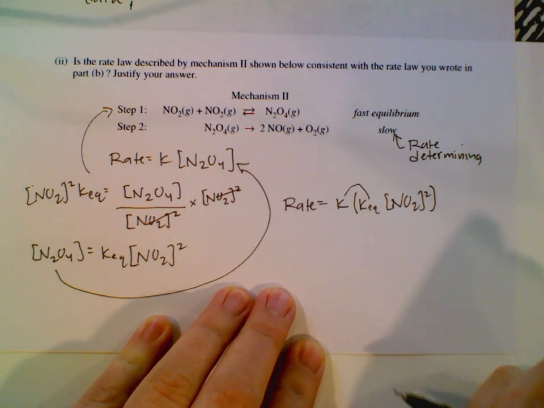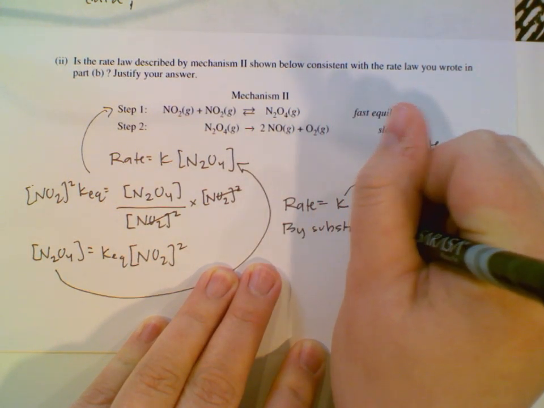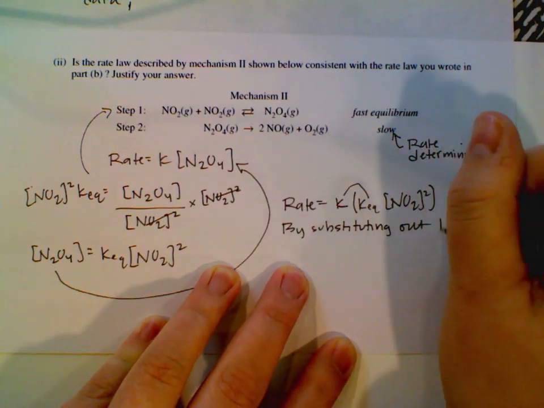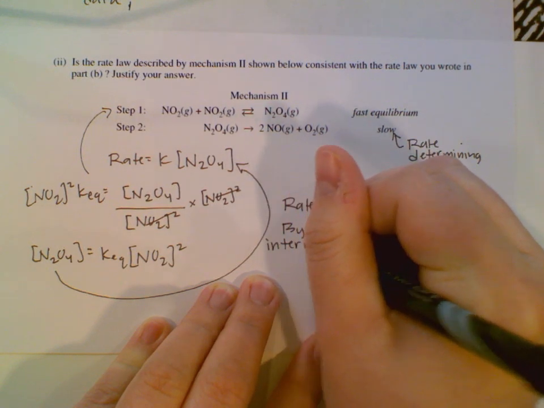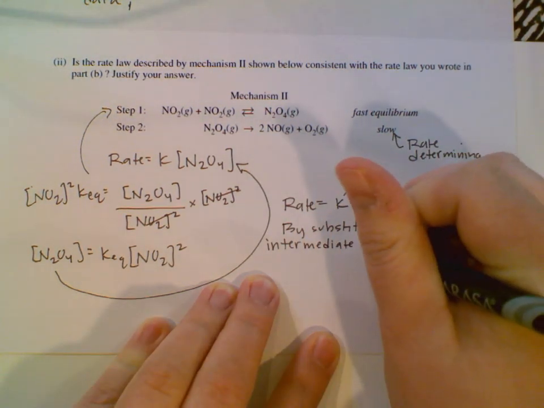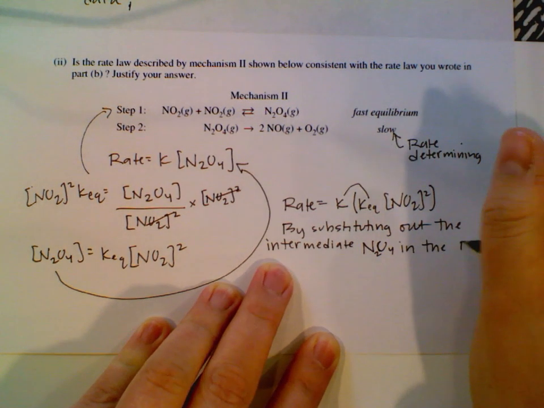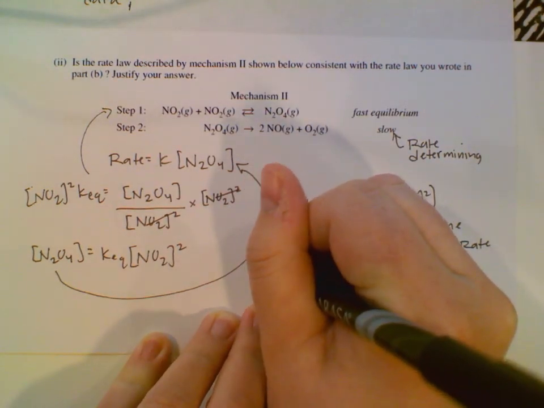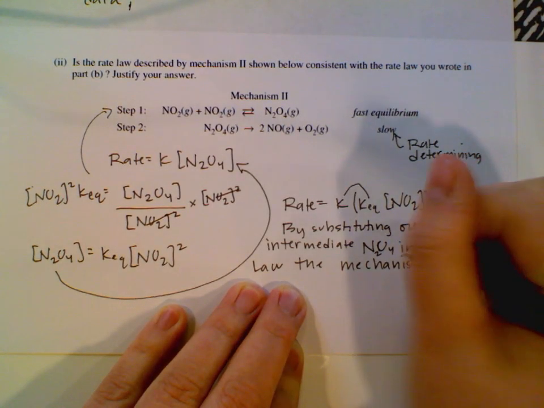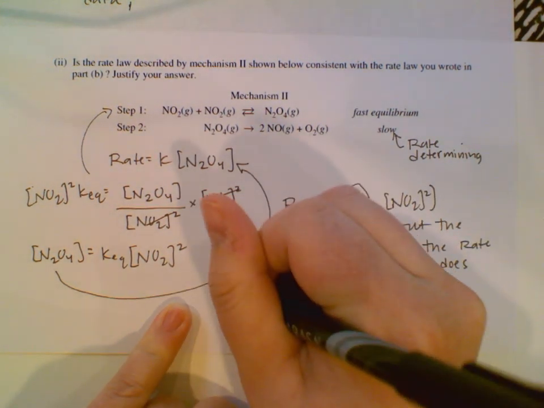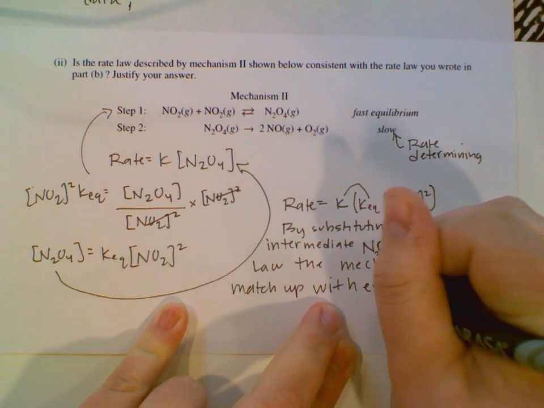So what I would say is by substituting out the intermediate N2O4 in the rate law, the mechanism does match up with experimental data.